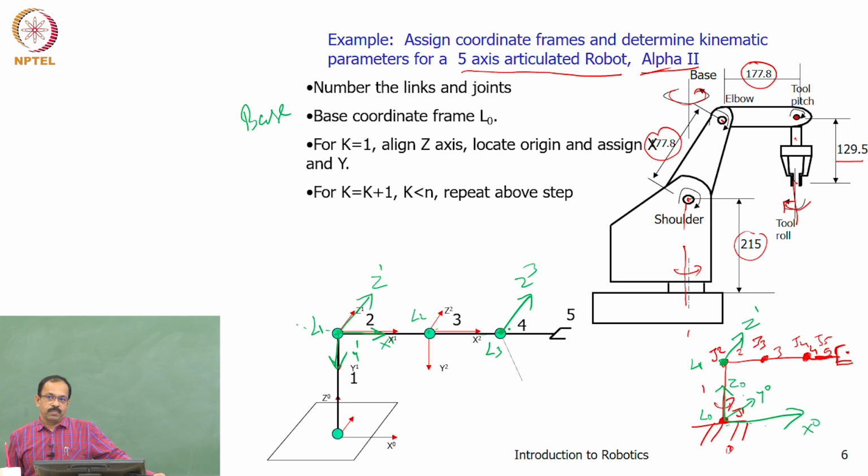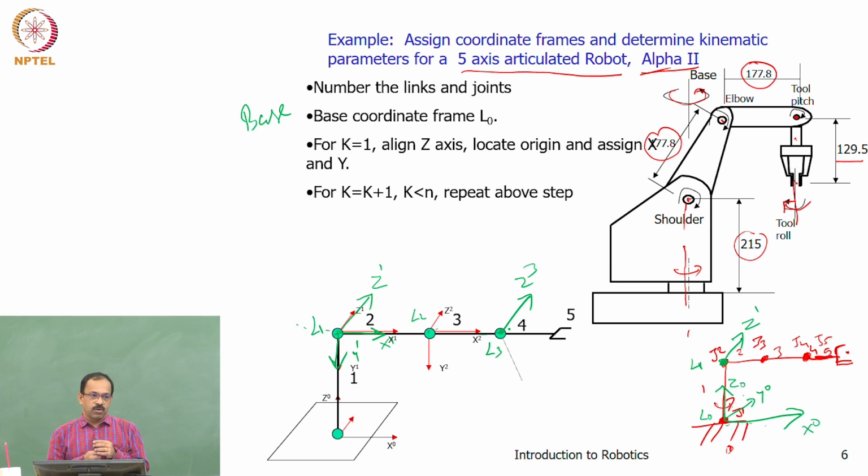Now you have a joint which is along this direction, right? So for the next joint, we don't know where the origin is, where the coordinate frame is. So we try to find out what is the next Z axis. What will be Z4? What will be the direction of Z4? Basically, what is that joint?